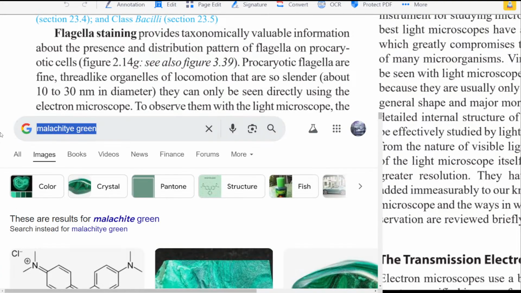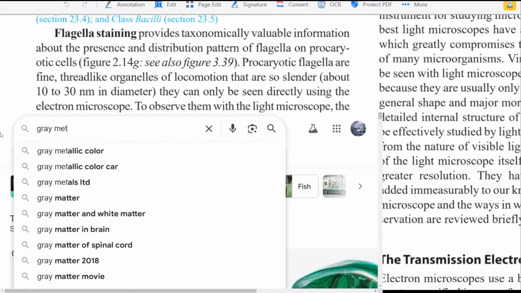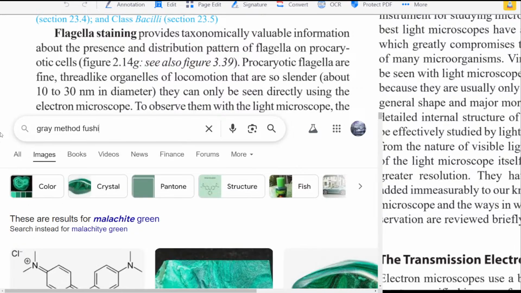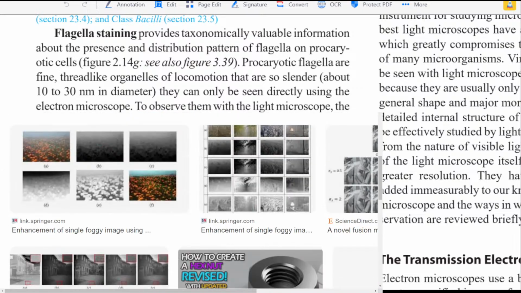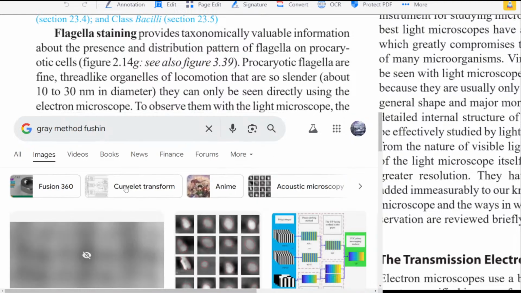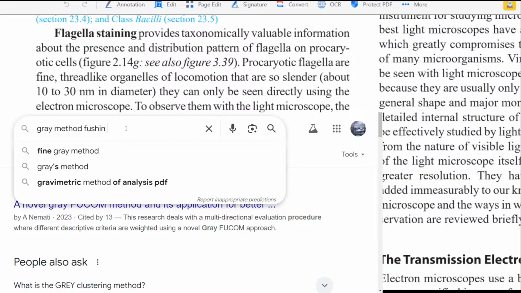Let's study what the Gray method is. Fuchsin. What's wrong with my spelling?